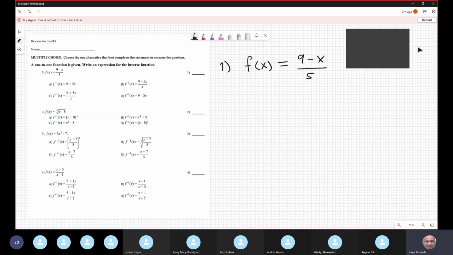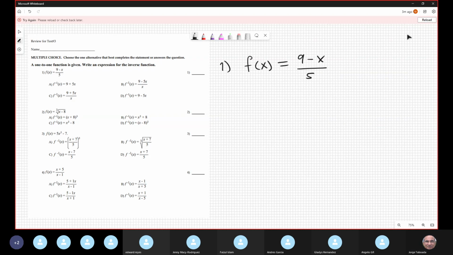And when you apply to one line the horizontal line test, pass or fail? Pass. Therefore, it's 1 to 1. Therefore, we can find the inverse function. To find the inverse function, you replace f of x for y.